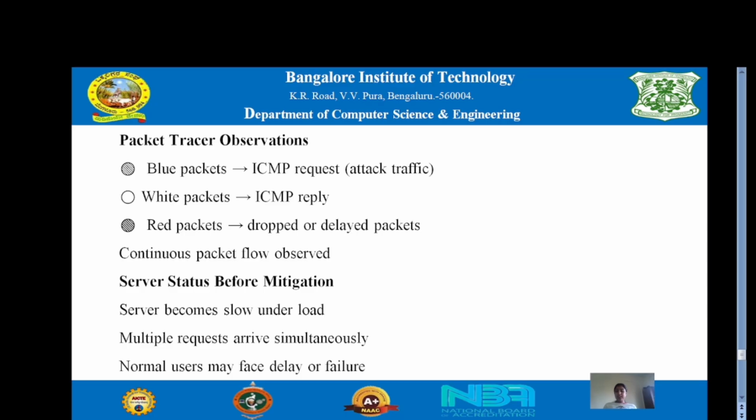Some packets may even be dropped. After the ACL is applied, the attacker's packets are blocked while the legitimate users continue accessing the server successfully. This demonstrates the effectiveness of ACL as a basic mitigation technique.